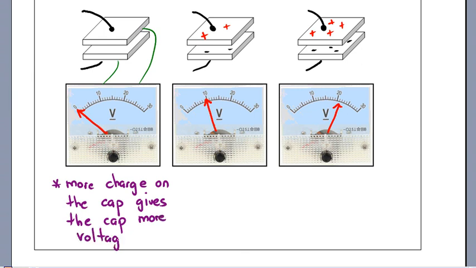So it is like a little rechargeable battery, but with a very dynamic voltage that grows and grows and grows as the Q builds up.